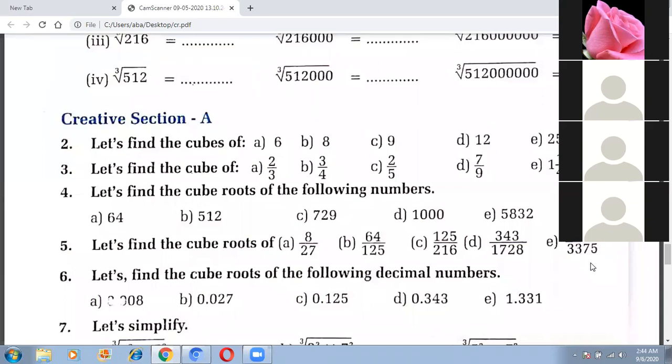Find the cube root of 8 by 27. Now this also, first you find the cube of 8 and cube of 27, just like in this example.